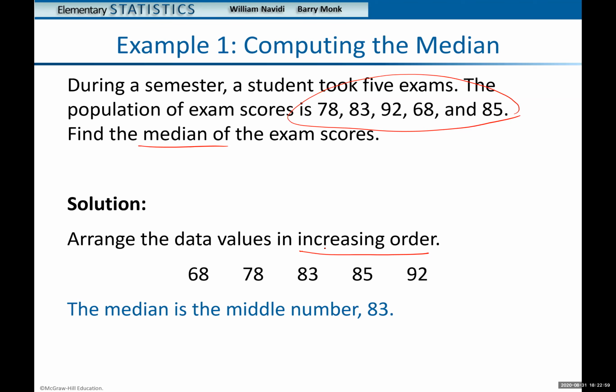There are 5 numbers here, and the middle number is 83. So that's the median. Don't forget, arrange it in order. Then the middle, if n is an odd number: 1, 2, 3, 4, 5, the middle number is the median.